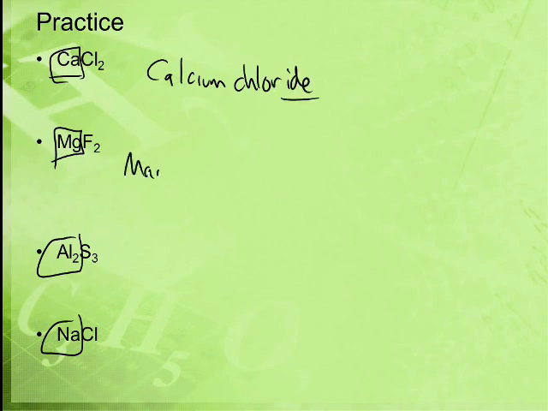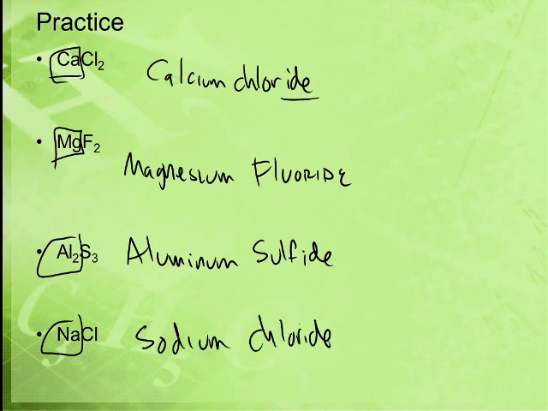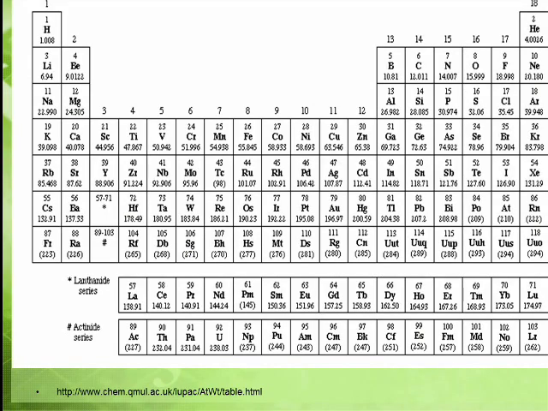This is magnesium fluoride, aluminum sulfide, and sodium chloride. Okay, we've done it. Easy. Just review. Yeah, there's a periodic table.